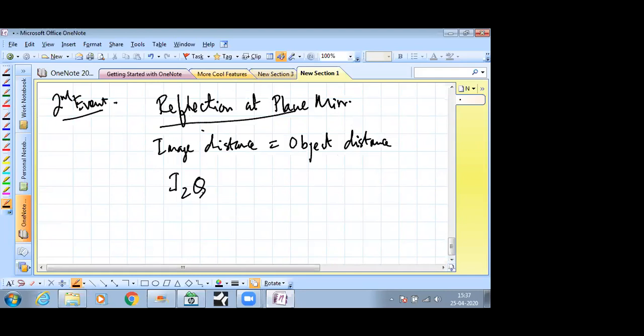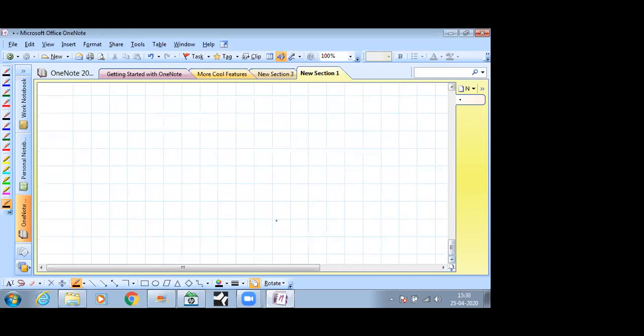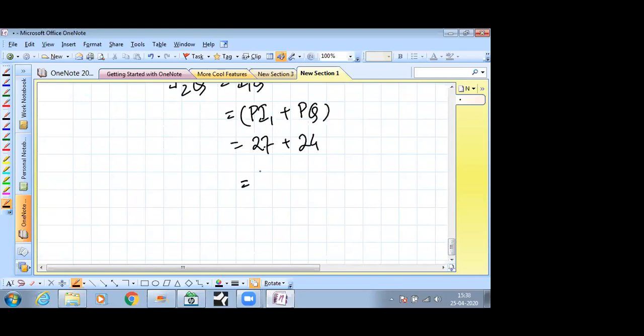So I2Q should be equal to I1Q on this side. And I1Q is nothing but PI1 plus the thickness of the glass slab, PQ. PI1 we just saw is 27 centimeters and the thickness was 24, so this becomes 51 centimeters. This is not the final image, remember, even though the reflection is happening, but this is QI2.